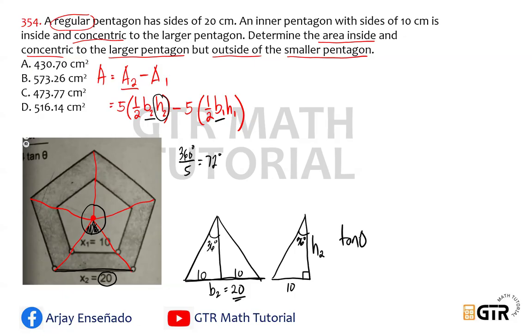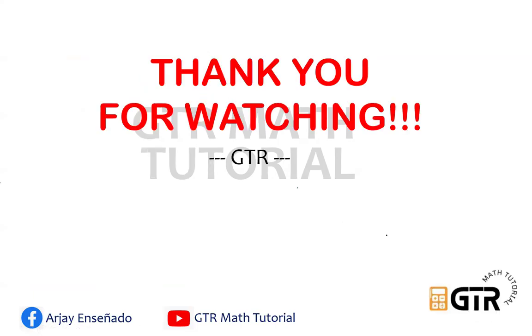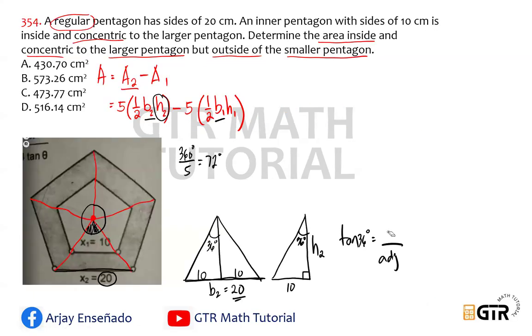Tangent theta is equal to opposite over adjacent. Theta is 36 degrees, opposite is 10 centimeters, and the adjacent is the height, H sub 2. So to solve H sub 2, just interchange this. Therefore, H sub 2, the height of this bigger triangle, is 10 over tangent 36 degrees.